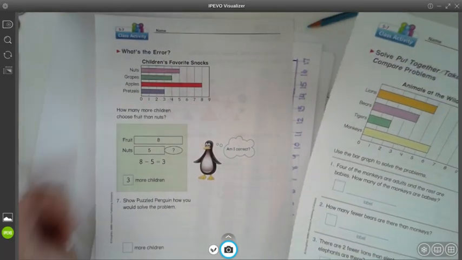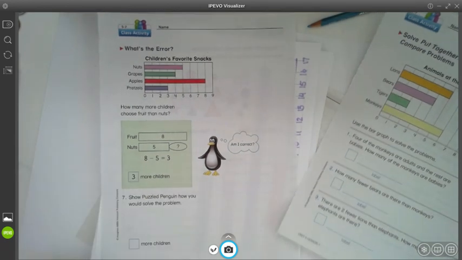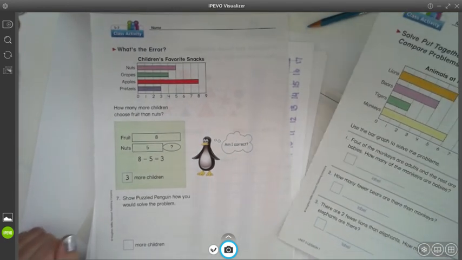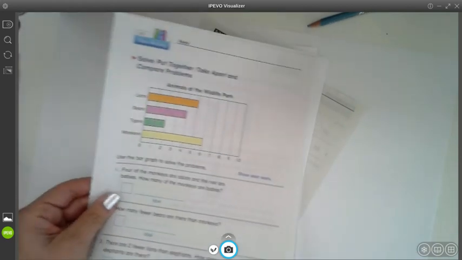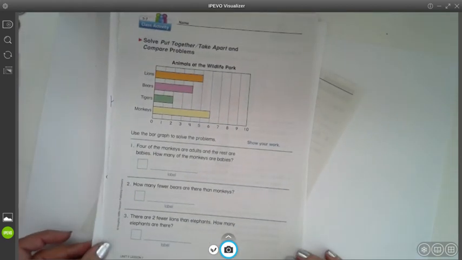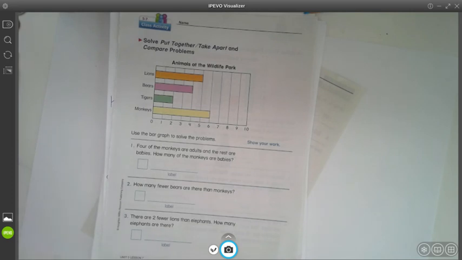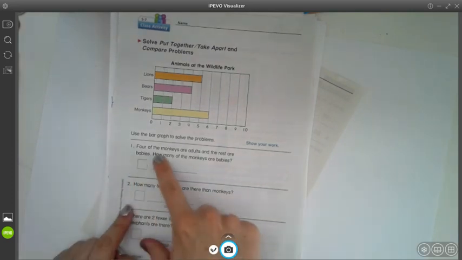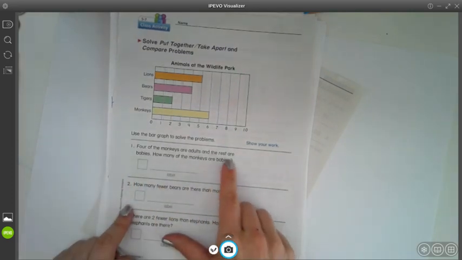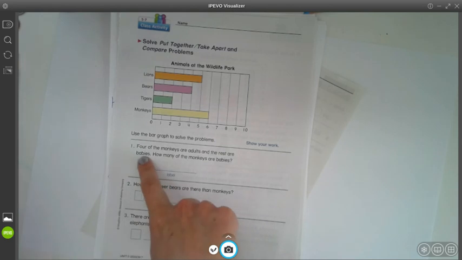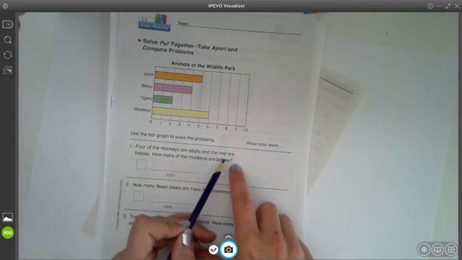You just have to understand, what did he do? Why is his thinking puzzling? A lot of these questions are very similar to the types of questions that I just went over with you. This one says 4 of the monkeys are adults and the rest are babies. Remember, we had a similar problem when we talked about the year of the coins being made. So how many of the monkeys are babies?